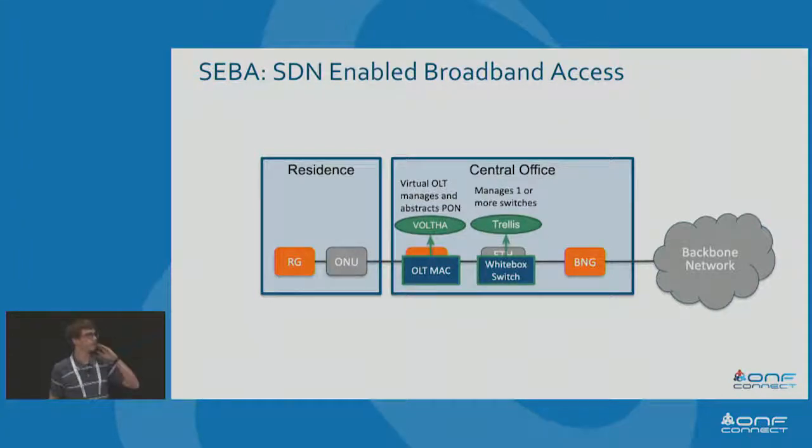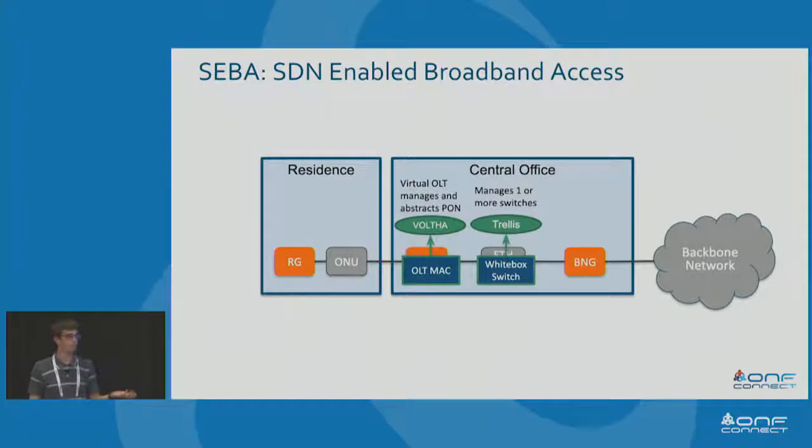So as I was saying, the SDN approach has been used in SEBA to SDNize the OLT and the PON network through Volta. It's been used for the aggregation network, through Trellis and white box switches. But there's still a single piece that is not SDNized, the BNG.